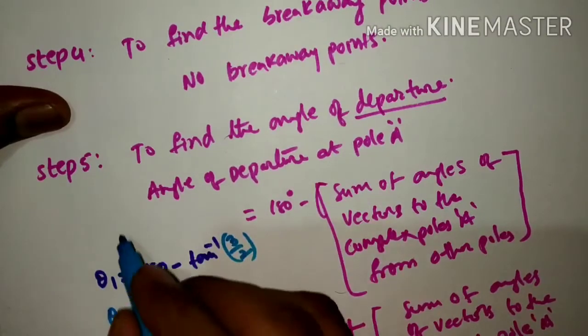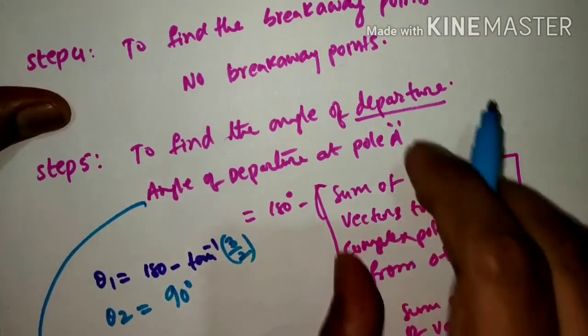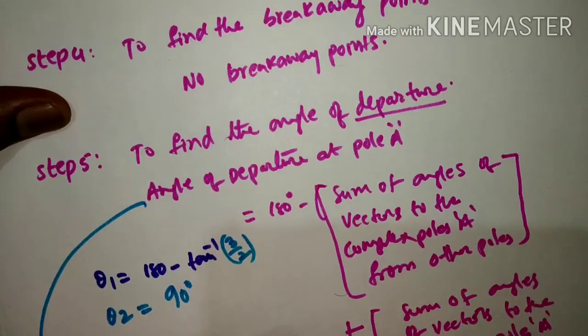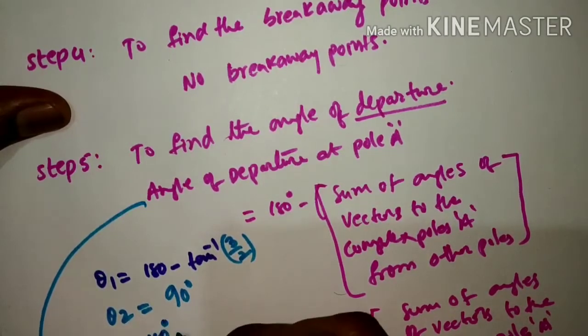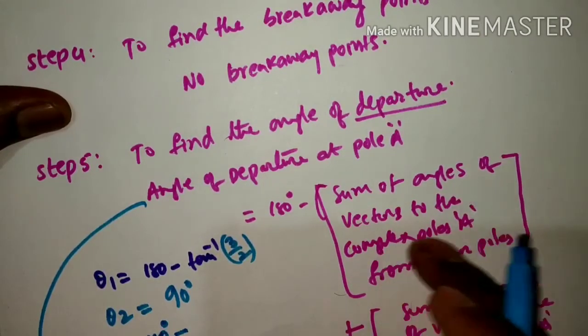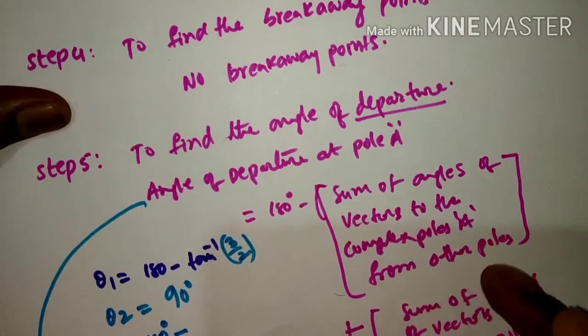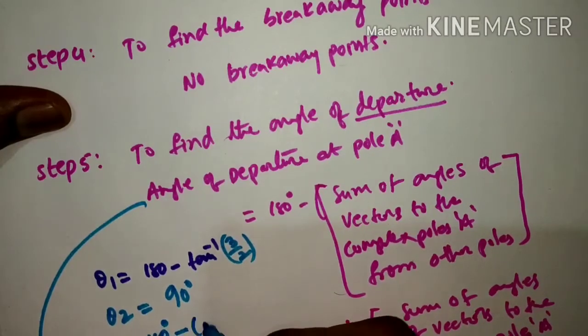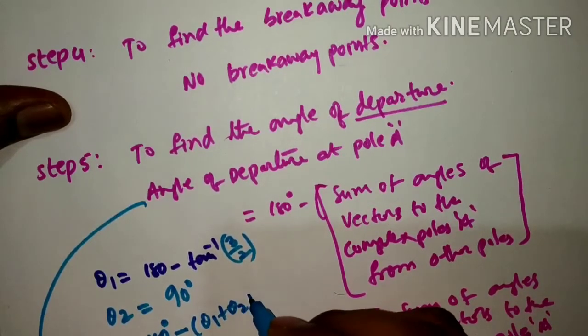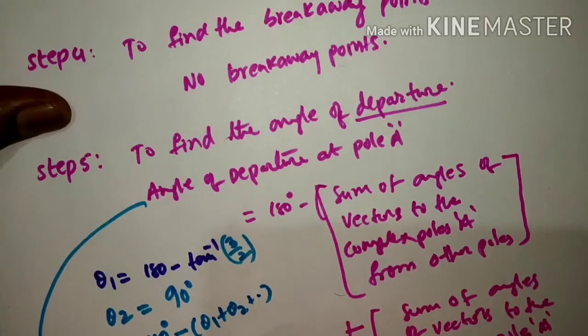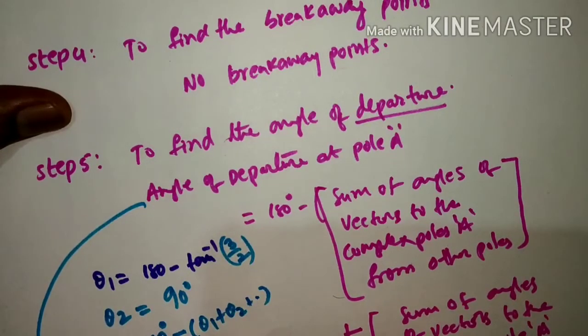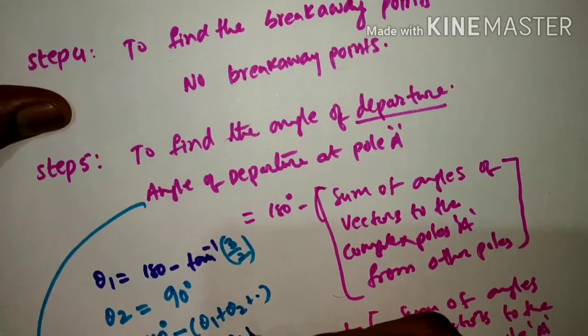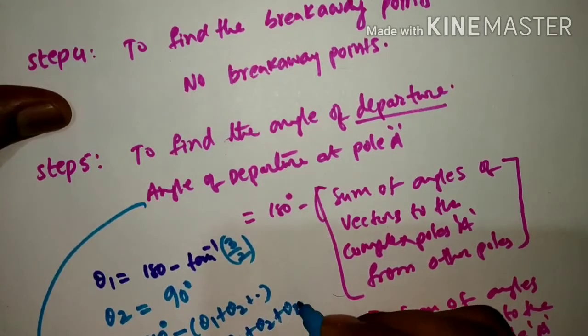Angle of departure at pole A is 180 minus the sum of angles of the vectors to the complex pole A from other poles, which means the angle contribution from poles, theta 1 plus theta 2 and so on, plus the net angle contribution by zeros, theta 1 plus theta 2 plus theta 3 and so on.